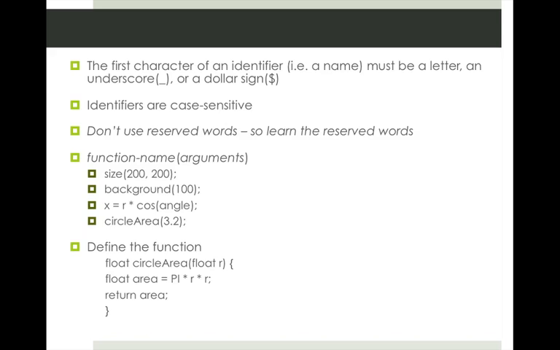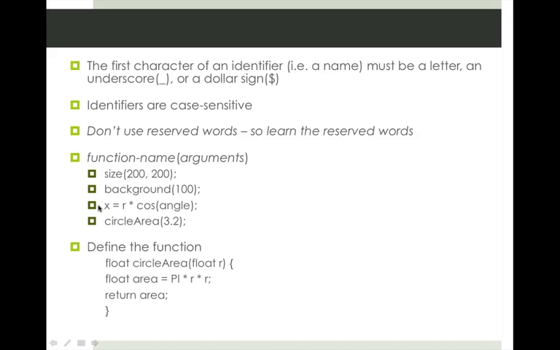A function which has to return a value is shown here, where we have cos, which is a function, angle is an argument, and it is multiplied by a factor r. When you call this function, cos angle, it returns a float or a double or an integer, which is then multiplied by r, and then substituted to x.